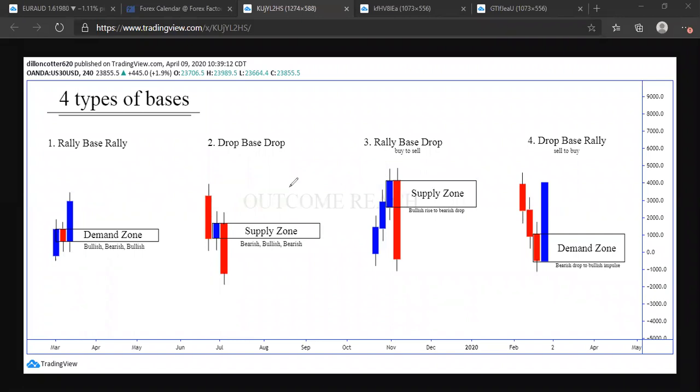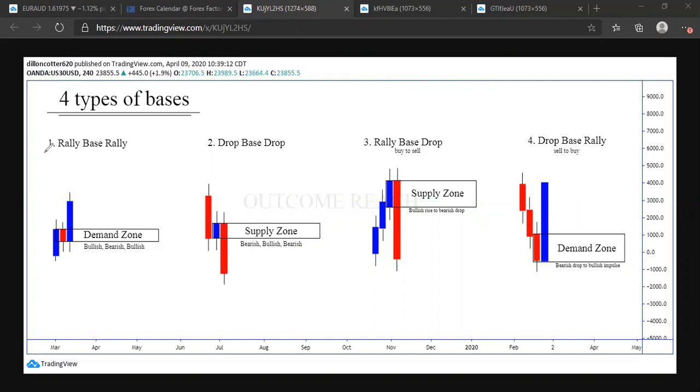And it's very simple. You're gonna have two continuous bases and two reversal bases, right? So with that being said, you'll have one that's going from bullish to bearish, and then one that's going bearish to bullish, like that. And then you'll have continuations, ones that you'll find in the trend.